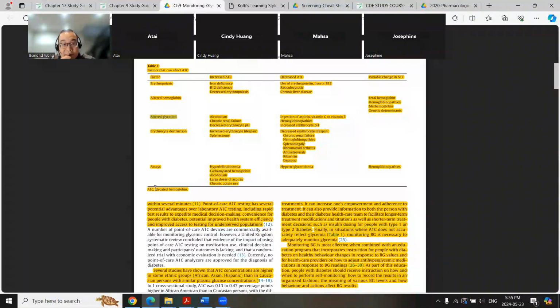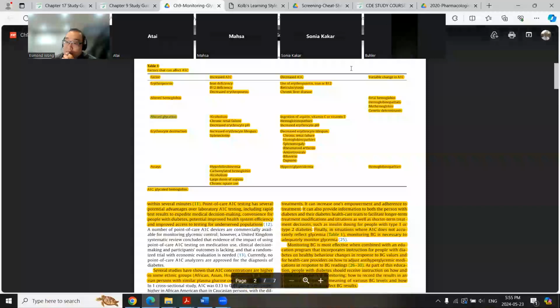Correct. Now, Atai, I'll explain. Esmond, will you allow me? Sure. So when you're consuming alcohol, the acute complication, as Esmond was explaining, due to the body getting busy in the liver digesting alcohol, is hypoglycemia.